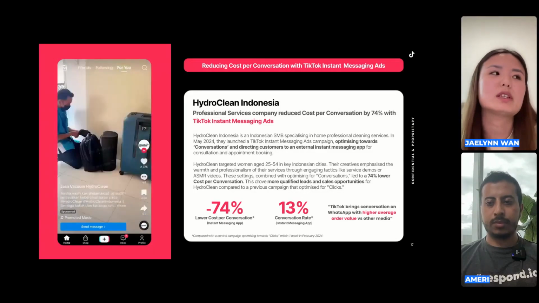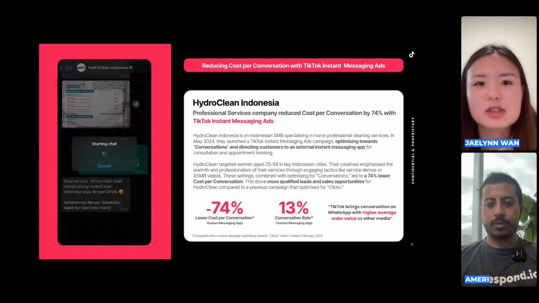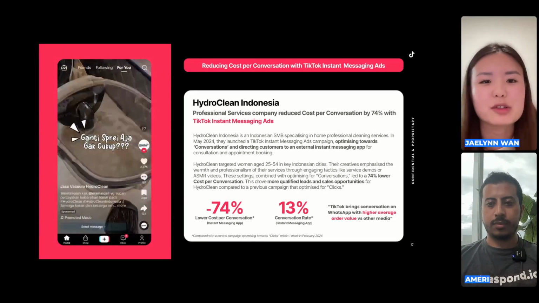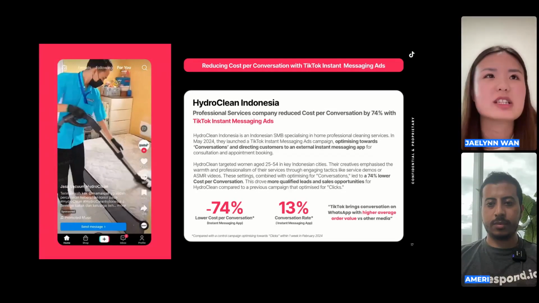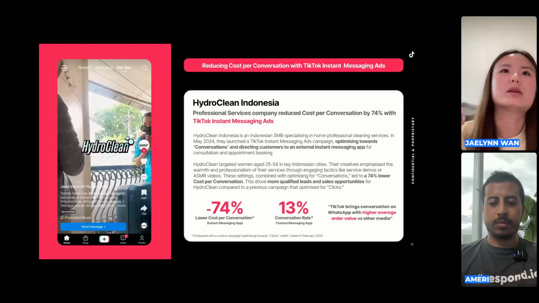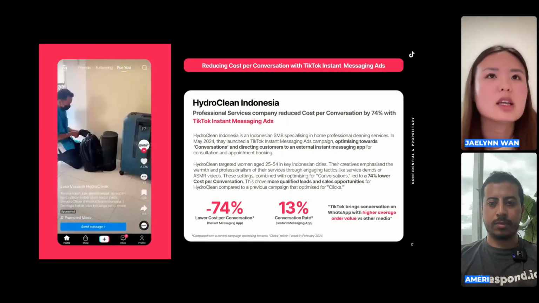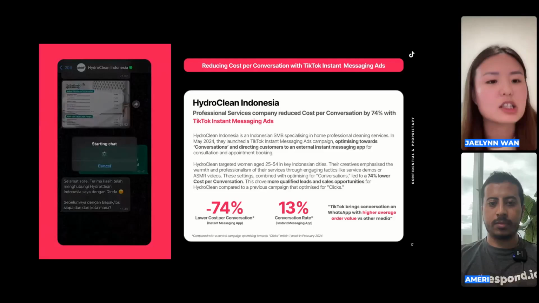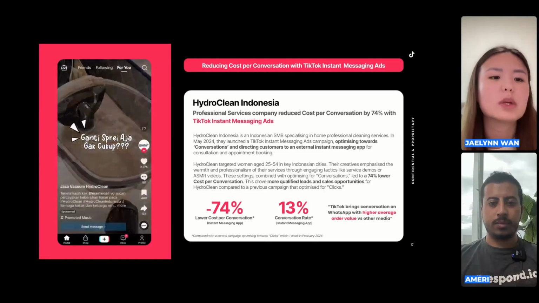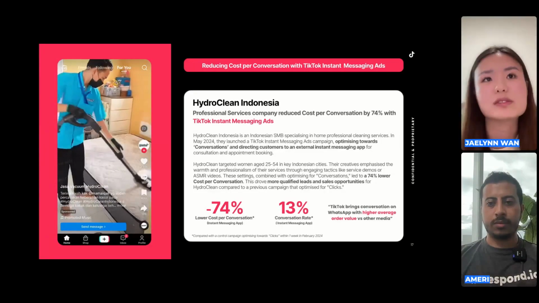Because you can only see whether they clicked on it, but whether or not they started a conversation is a whole different story. So we want to make sure that we track till the conversion metrics as much as we can, which is why having this integration will be very helpful when it comes to optimizing for conversations.